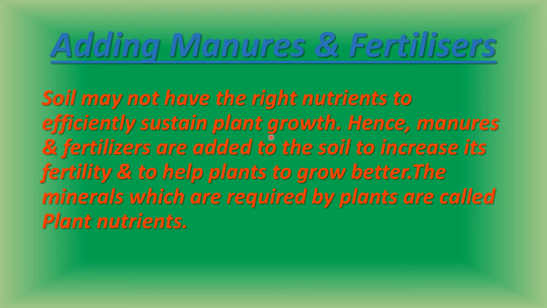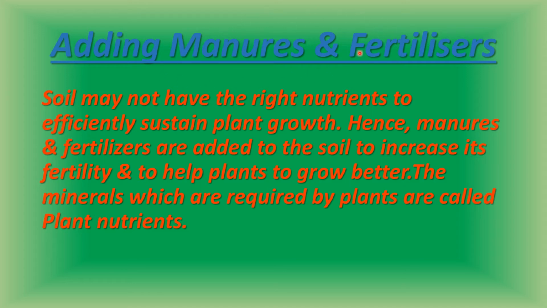That's why manures and fertilizers are added to the soil to increase its fertility, so that plants can absorb the required amount of nutrients and grow better. The minerals or nutrients which are required by the plants are called plant nutrients. I'm continuously repeating that soil is decreasing in the amount of nutrients.